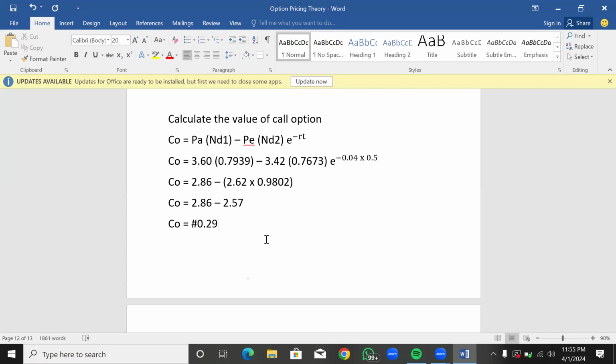It's 0.3. They say you should put bracket. After exponential, put down minus 0.04 times 0.5 in the bracket. If you put the bracket, you get it. Where do you put the bracket? Press bracket, put that figure, then close the bracket. Okay, I'm with you now.